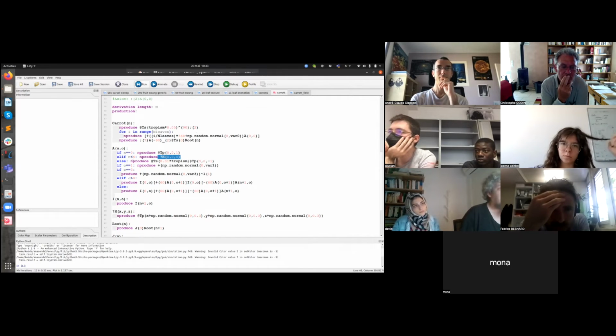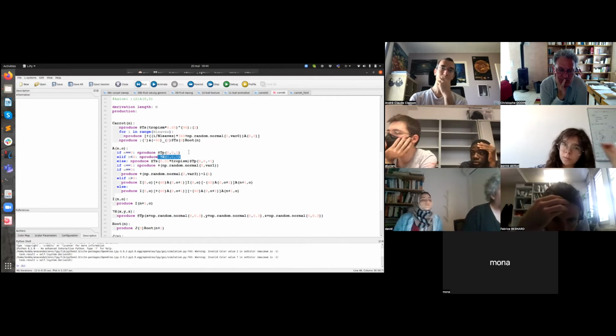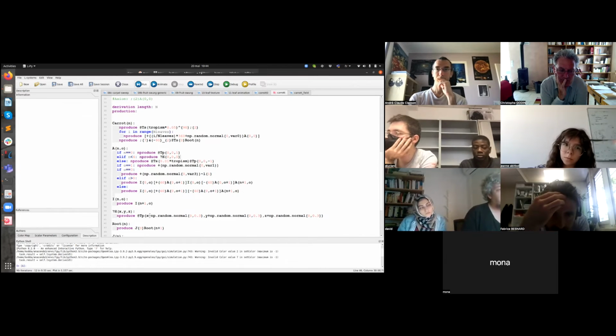When the derivation step is between 1 and 4, I take a random tropism direction, which is the current orientation of a stem plus some Gaussian noise. This is the way to access the heading direction of the turtle.